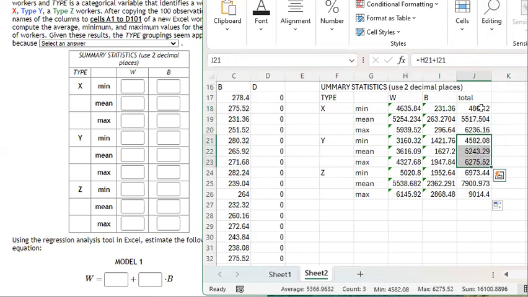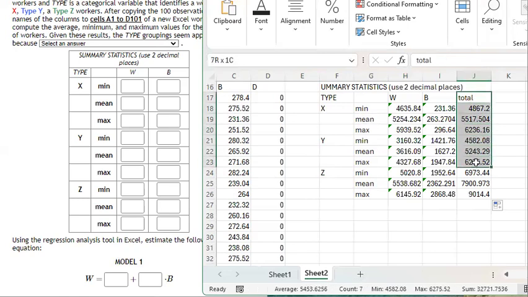Well, these values are pretty close to these values, right? But all of a sudden, the minimum total compensation for the type Z worker is more than the max for the type Y worker and the type X worker, right?